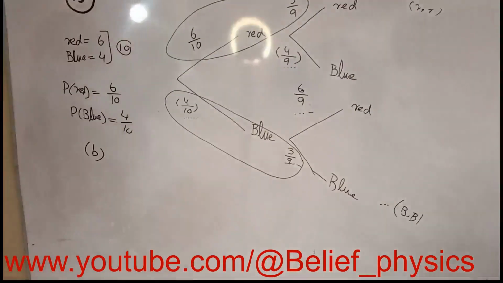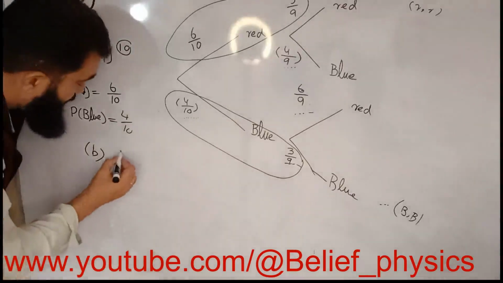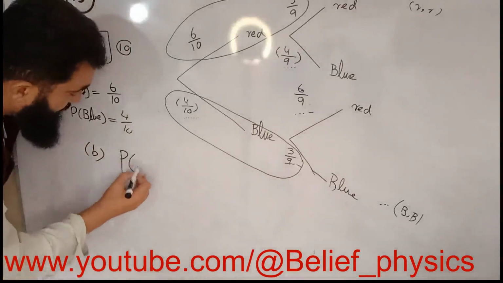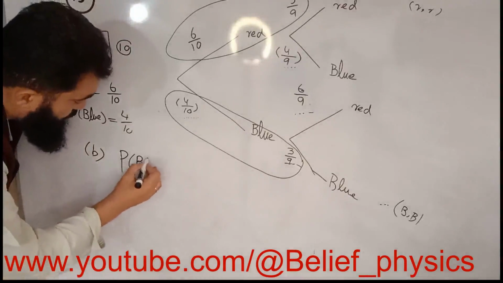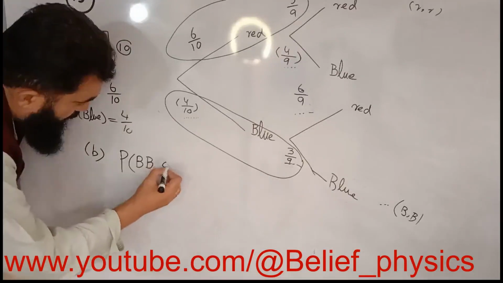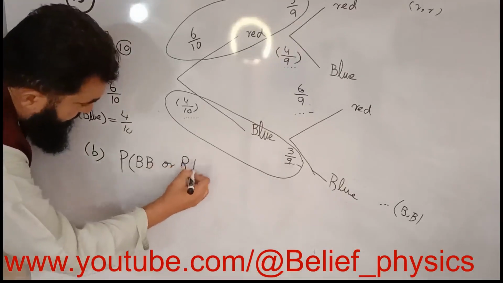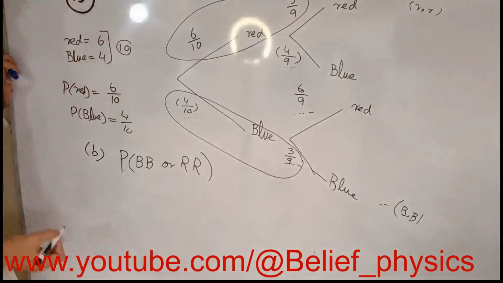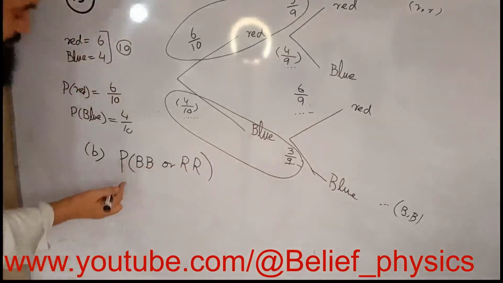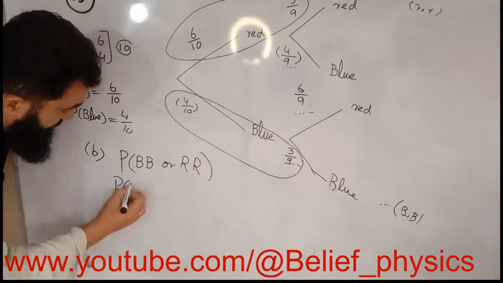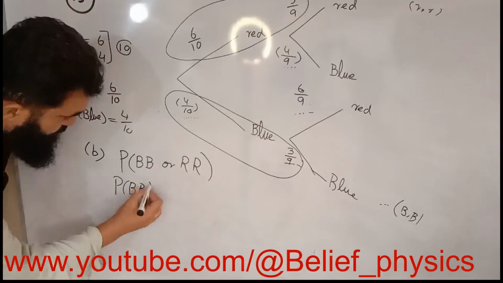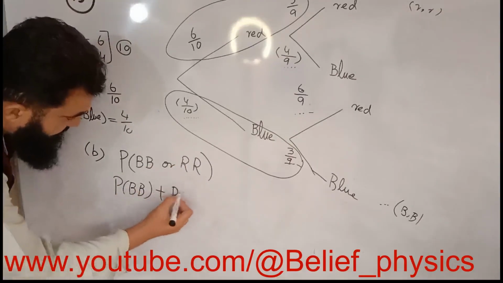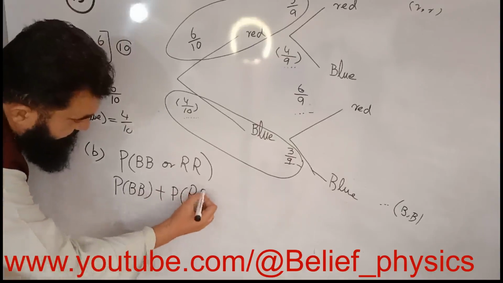When there is or, we have to add the probabilities. We have to find the probability of blue or red. When this is or, we write the probability of blue plus the probability of red.